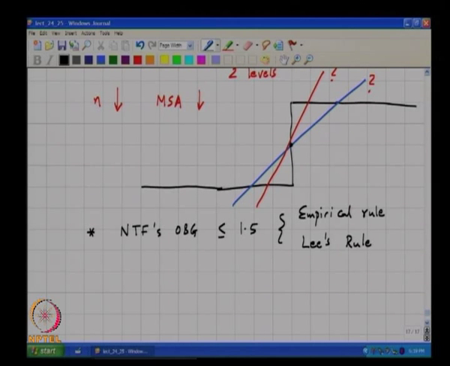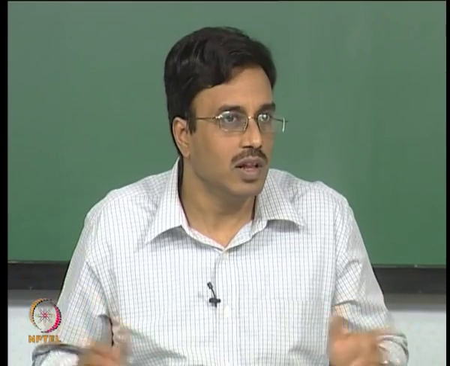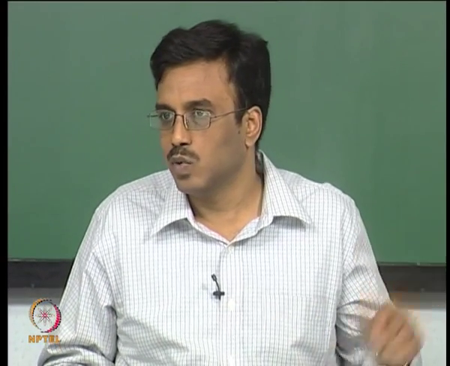As you go on increasing the out of band gain, a modulator becomes unstable, or for a given out of band gain, if I go on reducing the number of levels, the modulator will tend to become unstable, and for a single bit modulator, it turns out that the maximum gain that one can choose, as a thumb rule, is about 1.5.